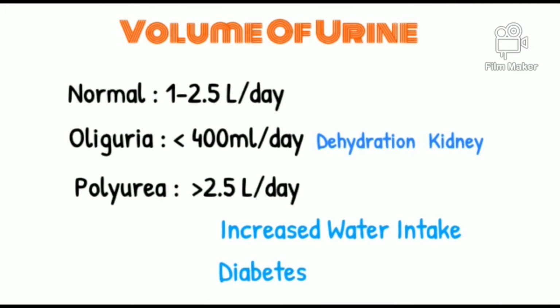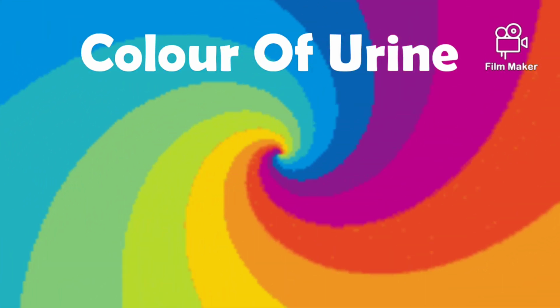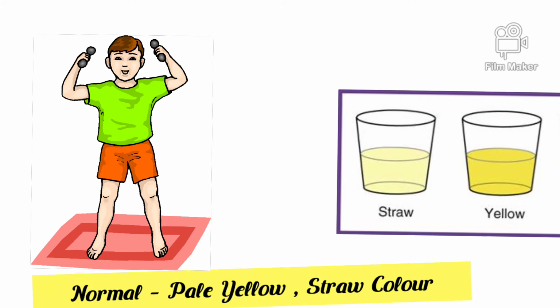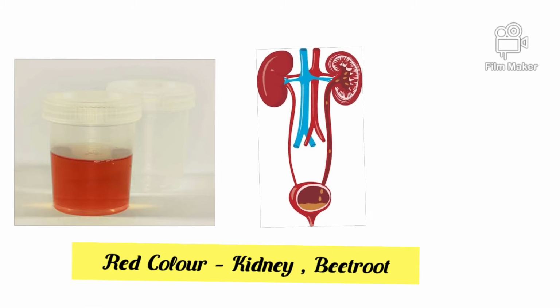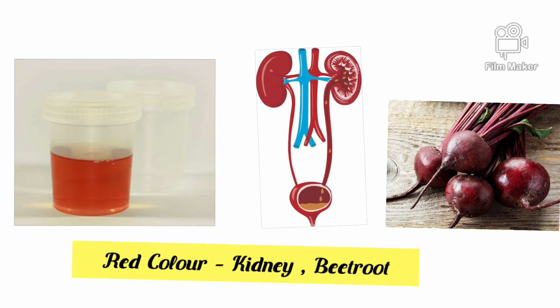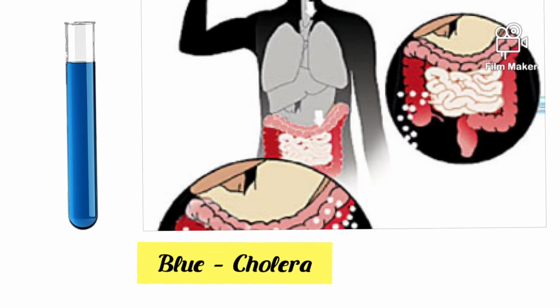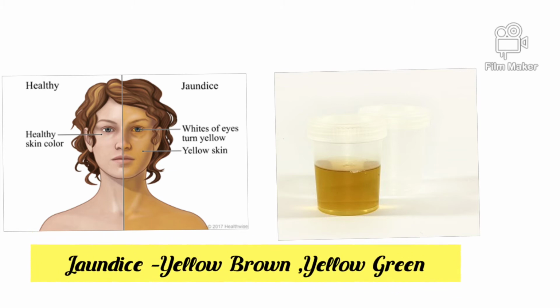Okay, next we'll see one more category, the color of the urine. Normally a person has pale yellow or straw colored urine, but in certain conditions the urine becomes red, that is whenever any kidney damage is there, or if a person takes a lot of beetroot every day, then we'll see red colored urine. Blue colored urine is seen in conditions like cholera, and yellow brown or yellow green colored urine is generally seen in jaundice.